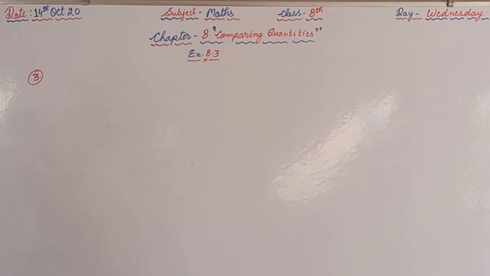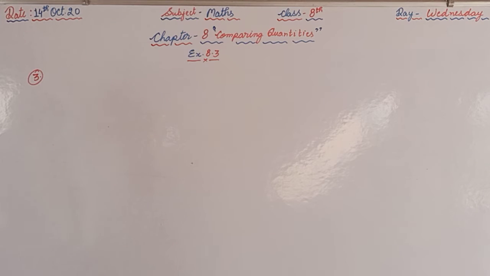So question number 3 is, Fabina borrows rupees 12,500 at 12% per annum for 3 years at simple interest, and Radha borrows the same amount for the same time period at 10% per annum compounded annually. Who pays more interest and by how much?